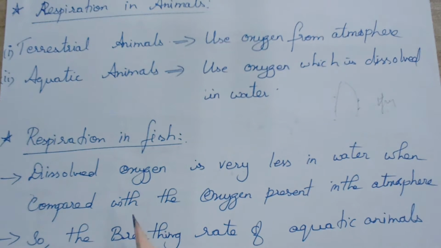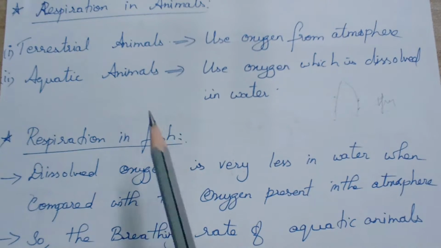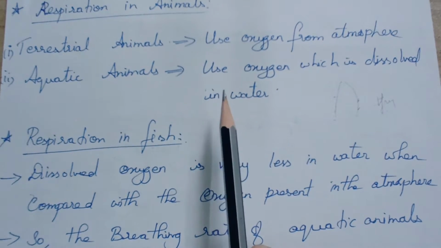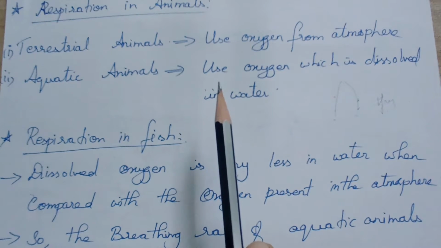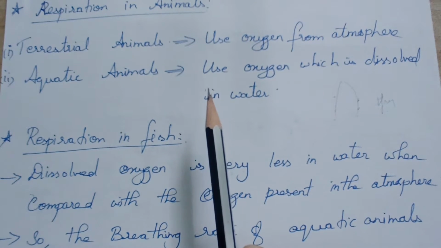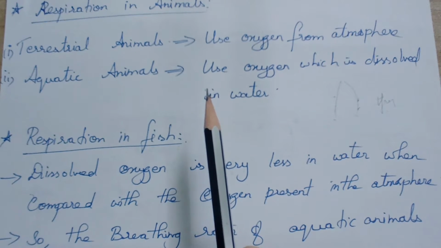Respiration in fish: the aquatic animals get the oxygen from the water, right? It is because oxygen is dissolved in water. But only a little amount of oxygen is dissolved in water. It will not get sufficient oxygen, unlike from the atmosphere. So what will it do? It will breathe fast to get sufficient oxygen.